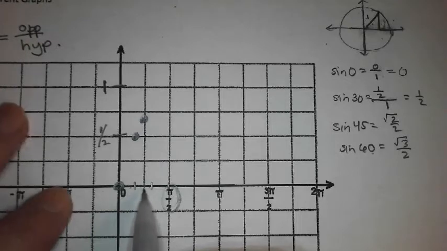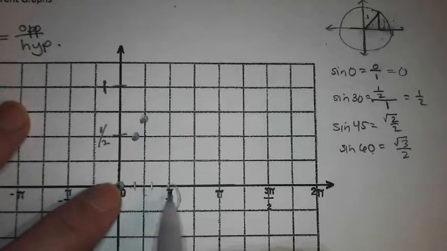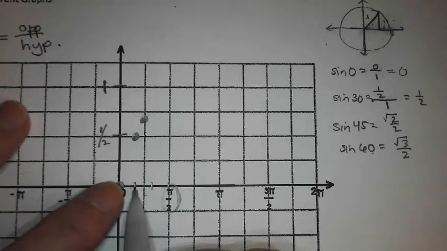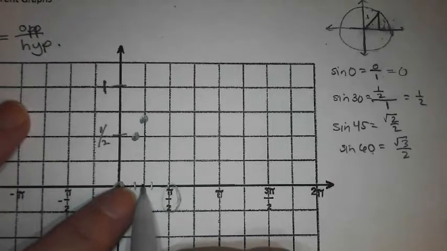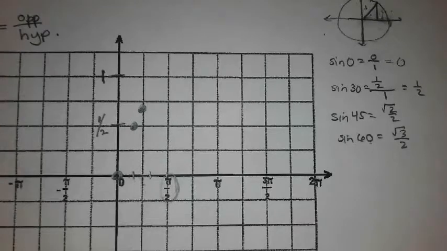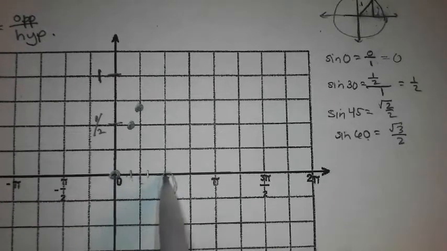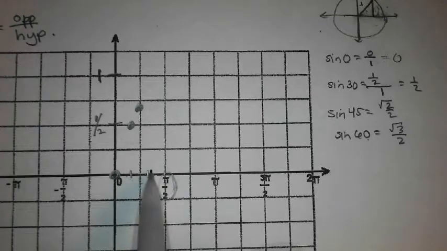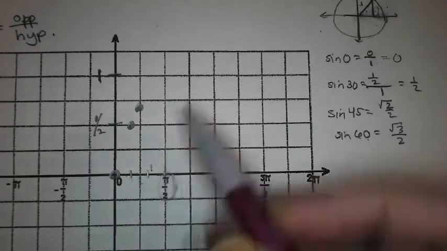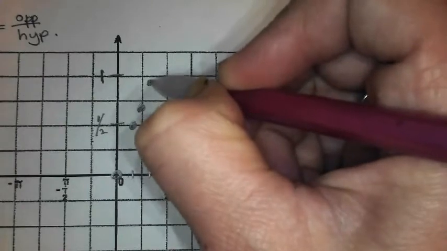Oh, I split it into thirds, didn't I? So, this is 3 pi over 6. 1 pi over 6, 2 pi over 6. No. Oh, okay. 1 pi over 6, 2 pi over 6, 3 pi over 6. So I'm at 2 pi over 6 then, with pi over 3. Yes? So go up to 0.9-ish.